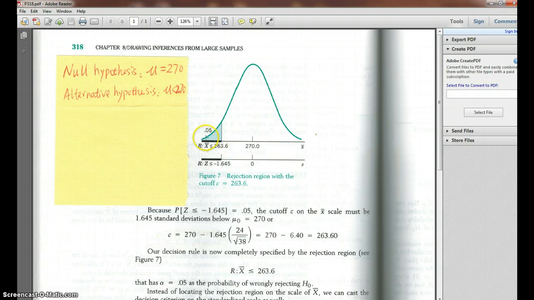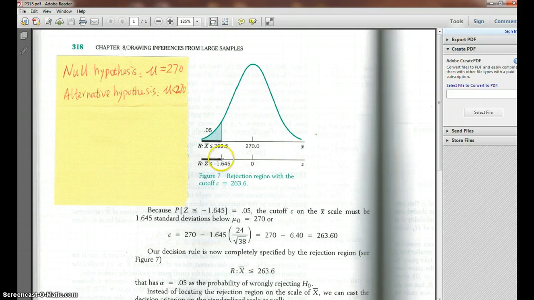So for a second, let's forget about x bar and 264. Look at the bottom one, which is z. In the middle, it's the population mean 0. It's the standard normal distribution, so the population mean is always 0. And this is the z value.